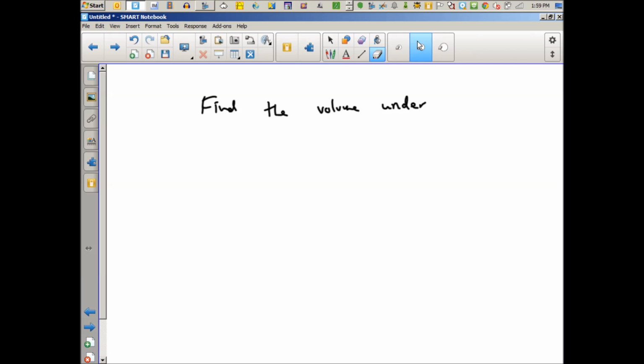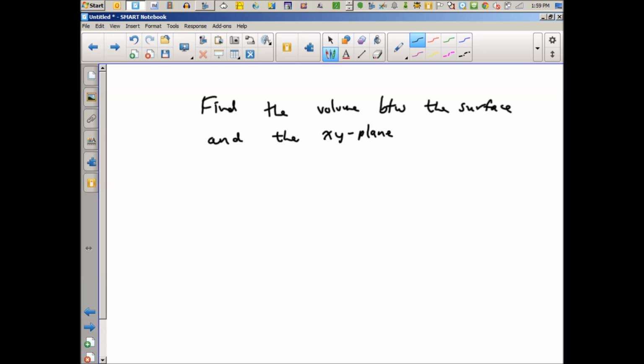So maybe I should put find the volume between the surface and the xy plane, just to make it really clear what I mean. Okay, so our surface is xy e to the minus 1 minus x squared minus y squared.